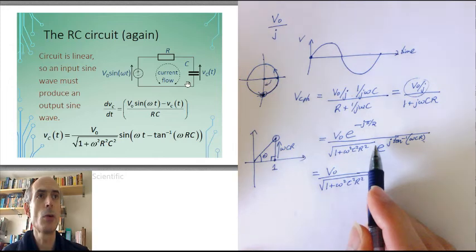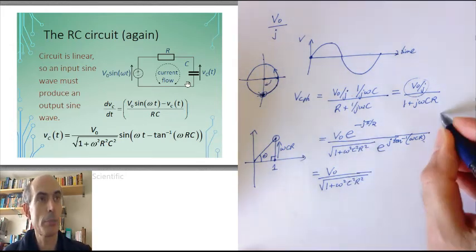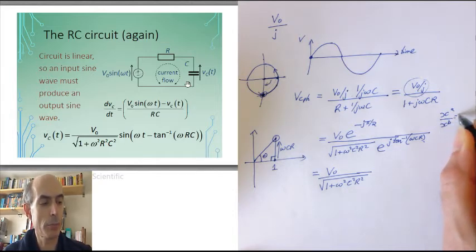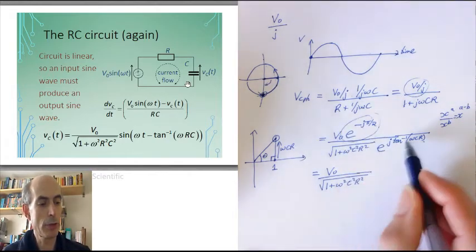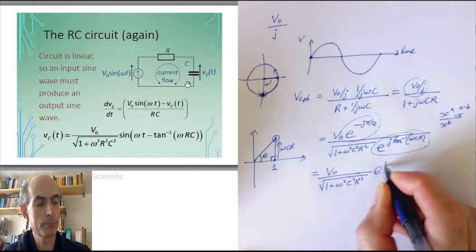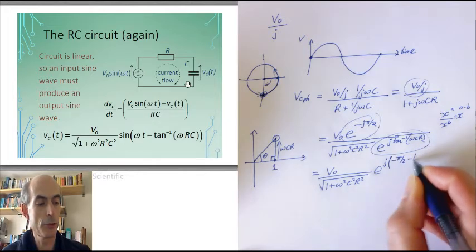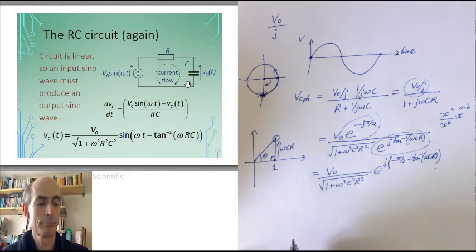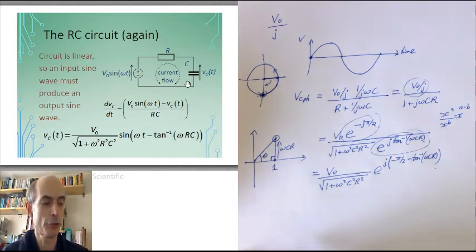And the phase, well, I can use the property of exponents, that x to the power of a divided by x to the power of b is x to the power of a minus b, and just write this divided by this as e to the power of j, minus pi over 2 minus tan to the power of minus 1 omega CR. That's the phasor representing the voltage across the capacitor.